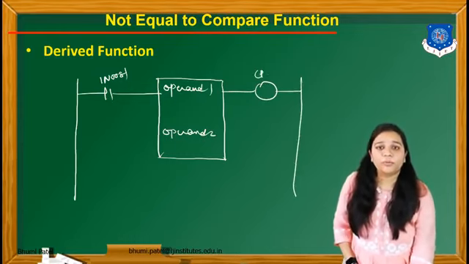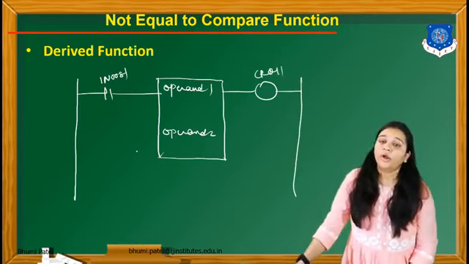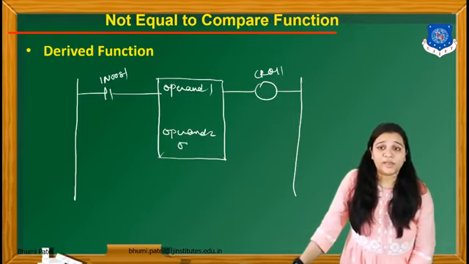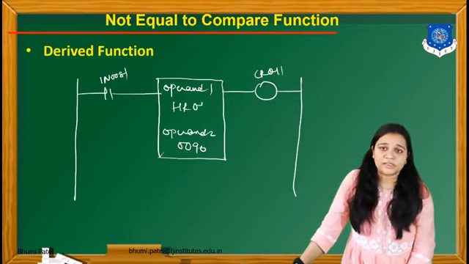Suppose the name of the output is CR011. Now we derive the function for not equal to. Suppose in operand number 2 the number is 0090, and in operand number 1 we take one register, HR011.